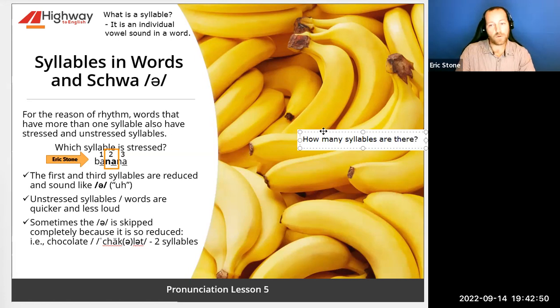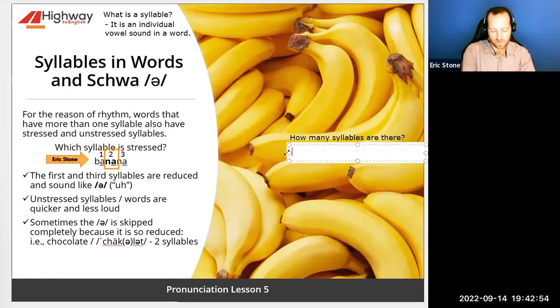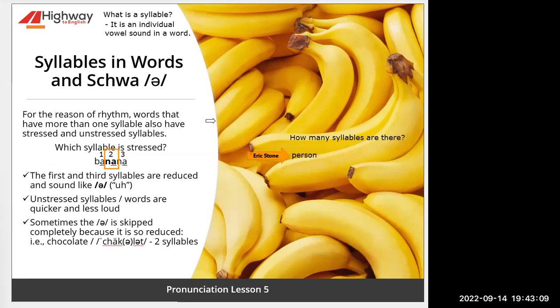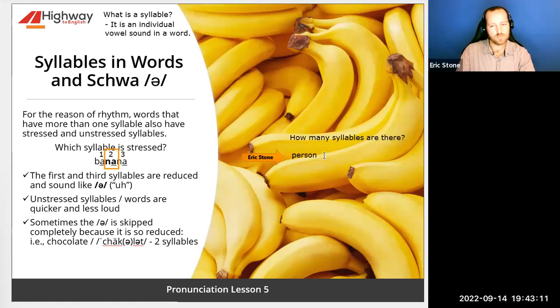So for example, I'm going to put some words over here. Let's try this one. We did this word before. Please read it, Zahur, over here on the right side. Person. How many syllables are there in that word? Three. How many vowel sounds?